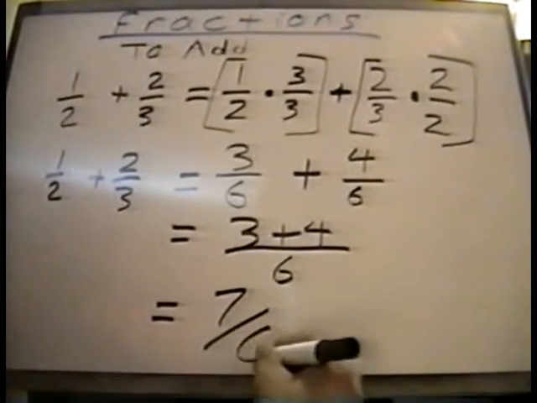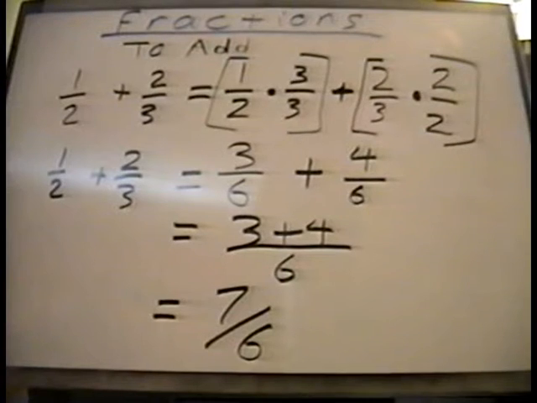Or 7 over 6. Seven divided by 6. Now to make it real easy on yourself, you see we added 1/2 to 2/3.